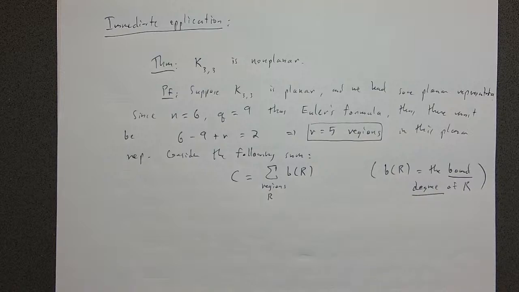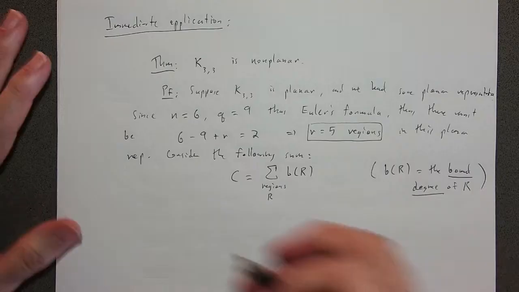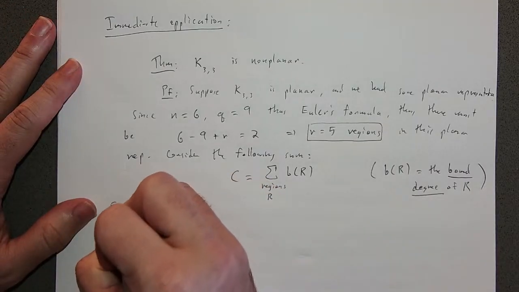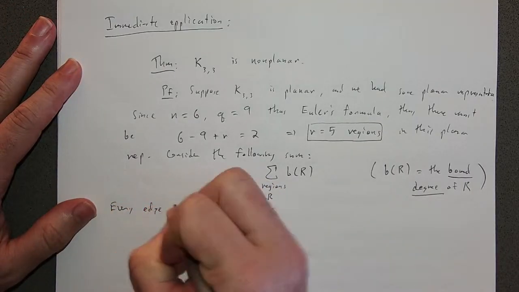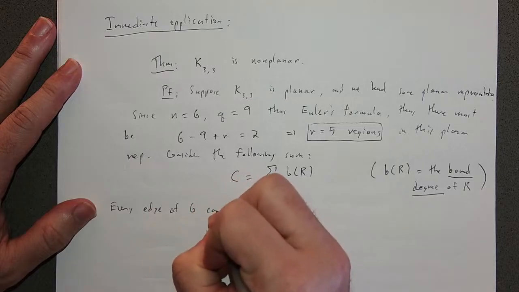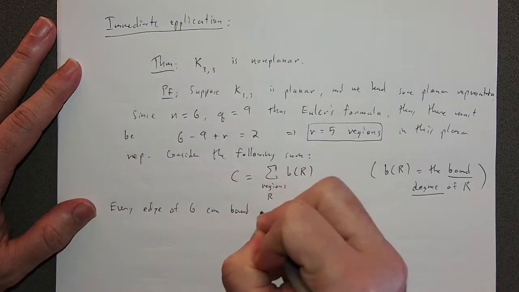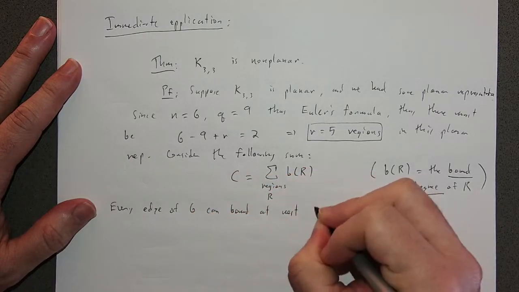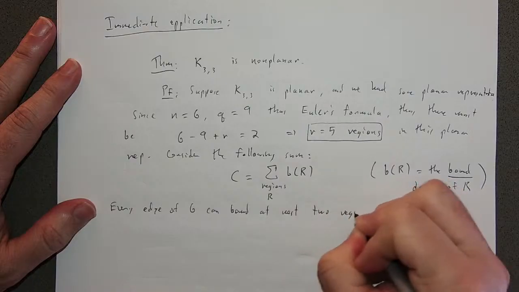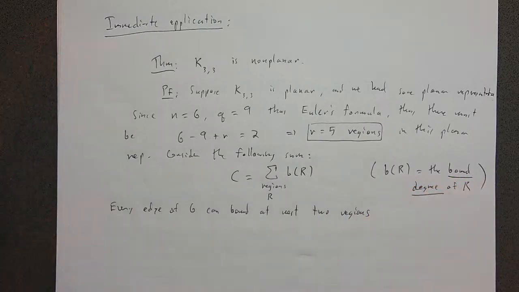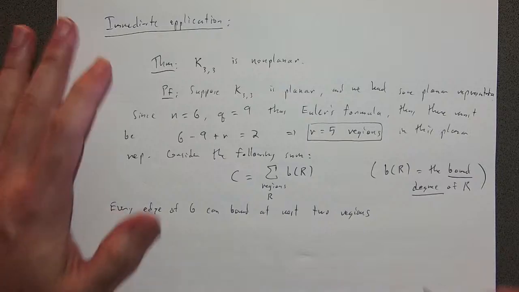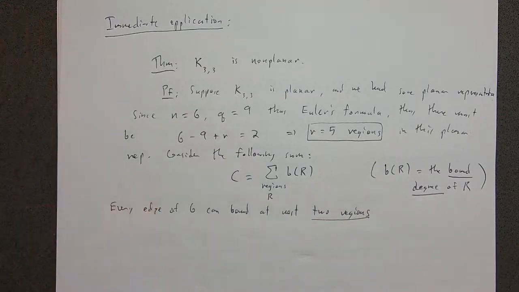Okay. Now, of course, every edge of G can be on the boundary of at most 2 regions. This is just our definition of bound, right? So it can be on the boundary of at most 2 regions, right?